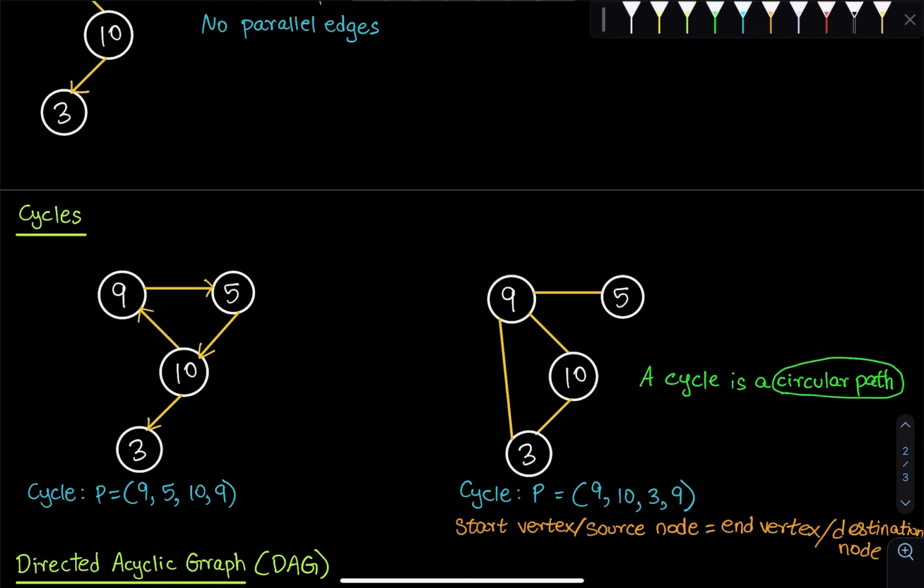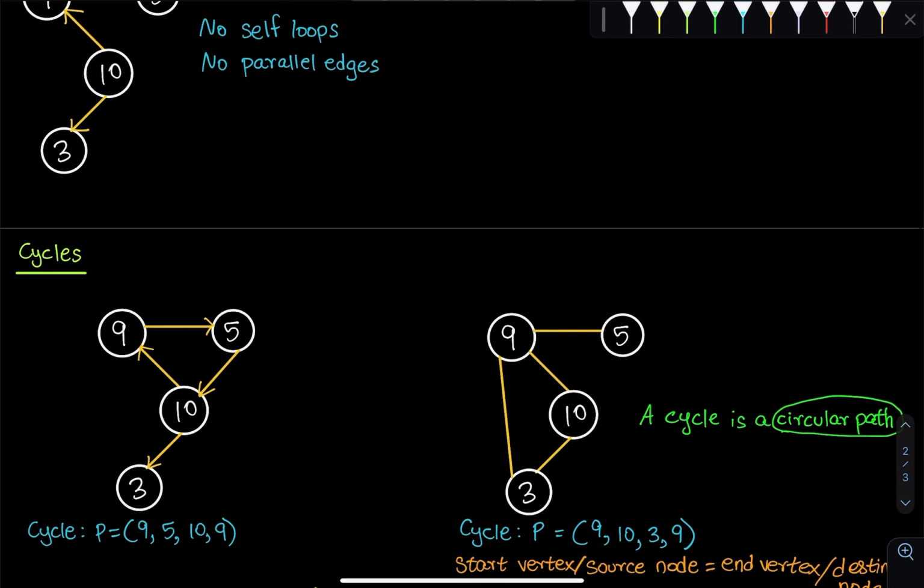That's why it's called a circular path, because the source and the destination node end up being the same. You start at 9, then go to 5 and then to 10, and then you inevitably end up coming back to the same node that you started with. That's why we see a cycle over here.